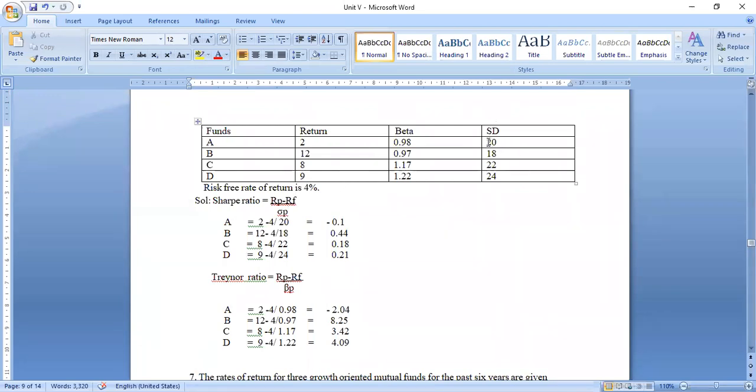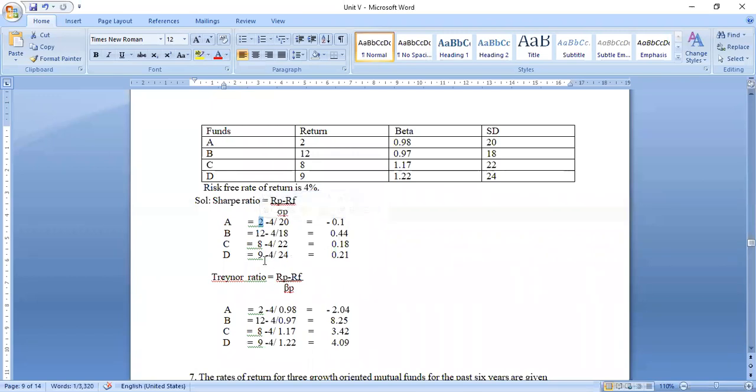This is for fund A, where you have a negative value of minus 0.1, because the risk is comparatively very high, whereas the return is just 2 here and the risk-free return is 4. Okay. Next, for fund B, (12 minus 4) divided by 18 will give you 0.44.